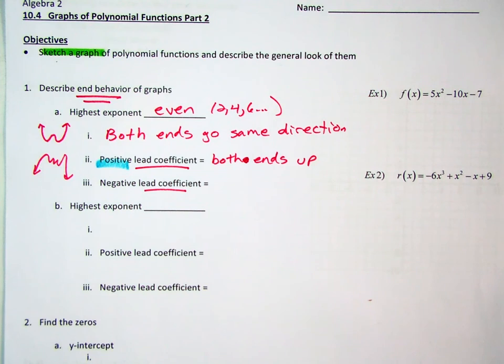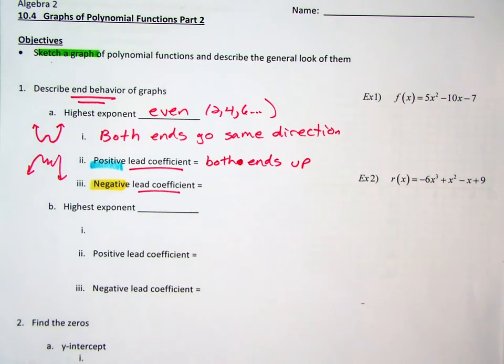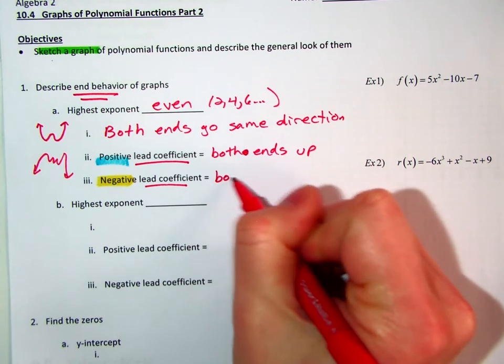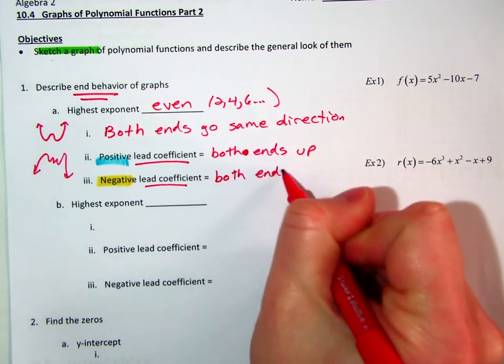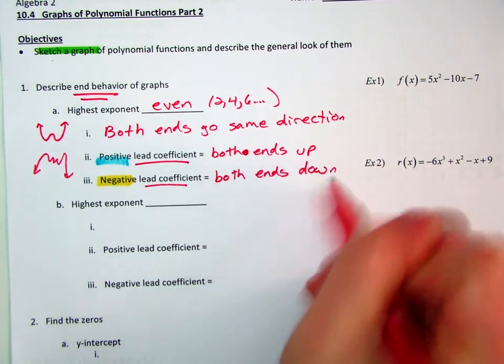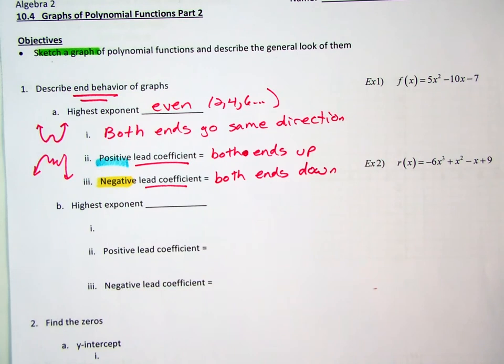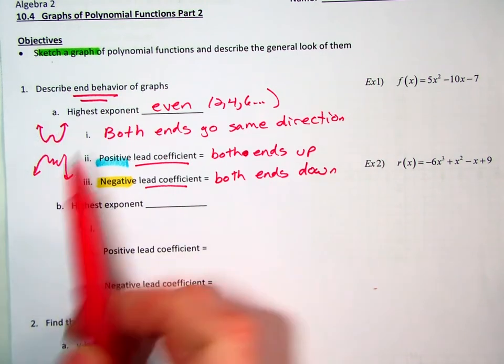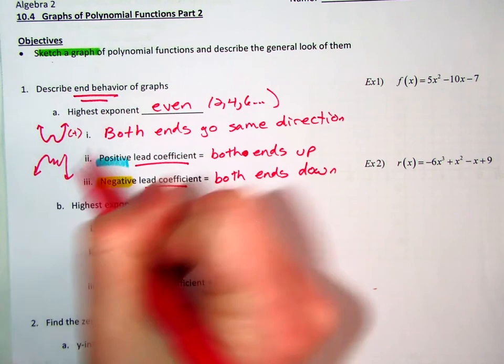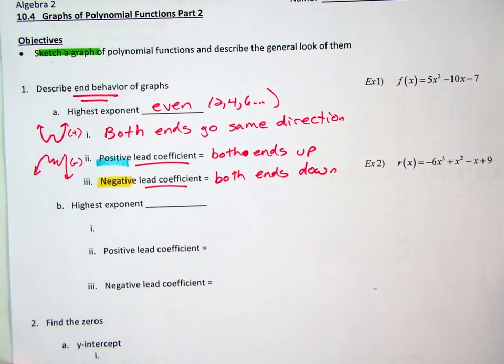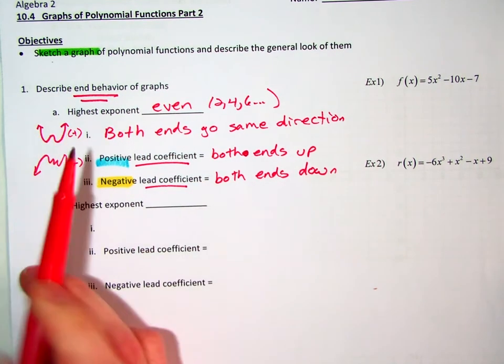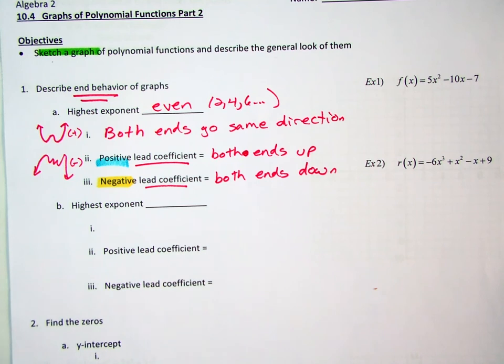If, on the other hand, we have a negative lead coefficient, then that tells me that both ends will go down. So when I look at these graphs, I know that their highest exponent was even because both ends go in the same direction. I know that this had a positive lead coefficient and this one had a negative lead coefficient because these both ended up going up and these both end going down.